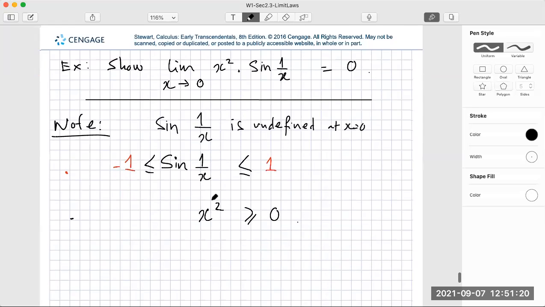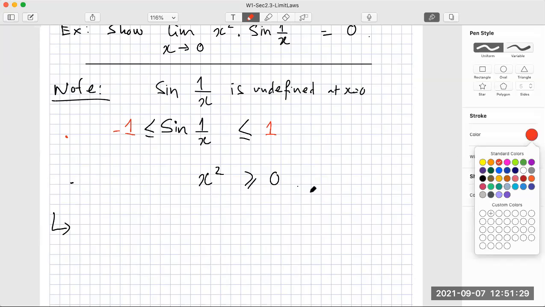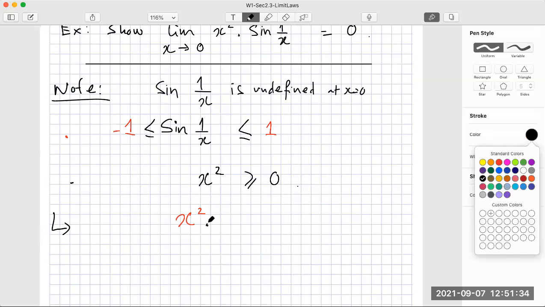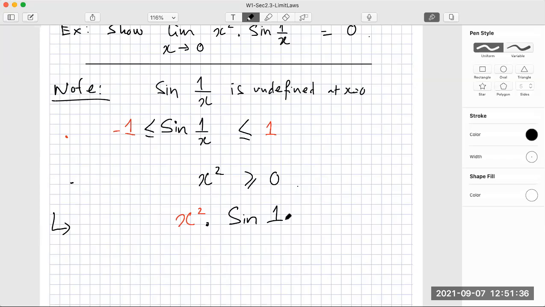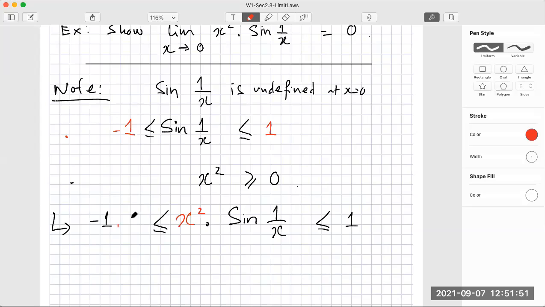So how about if we multiply x squared to this inequality? x squared, if we multiply it with sine of 1 over x, right? We multiply it for those. Is it true?